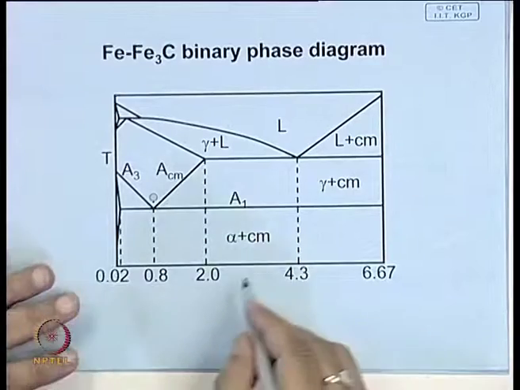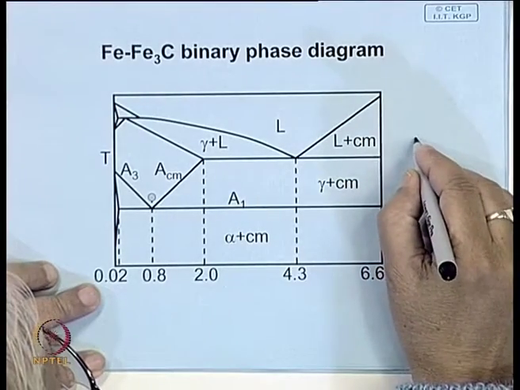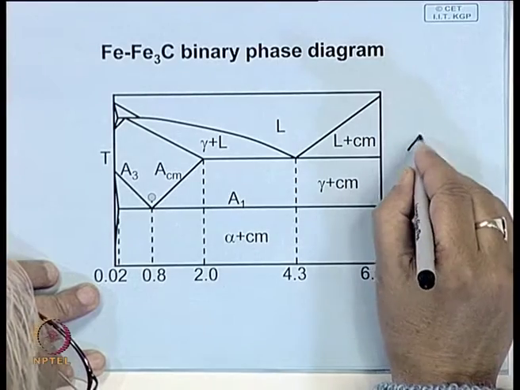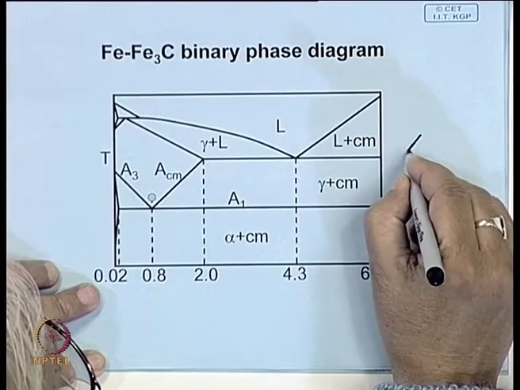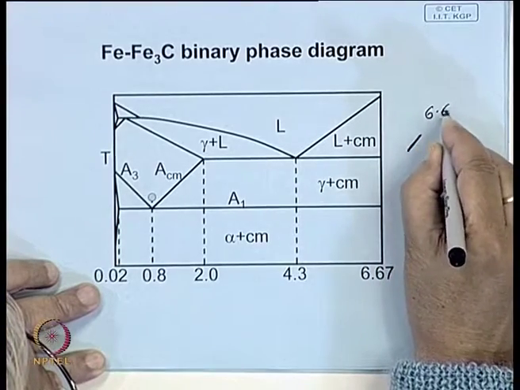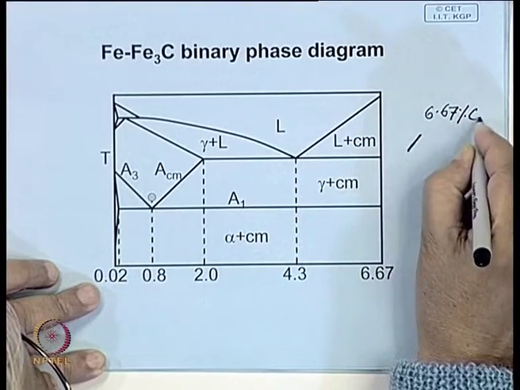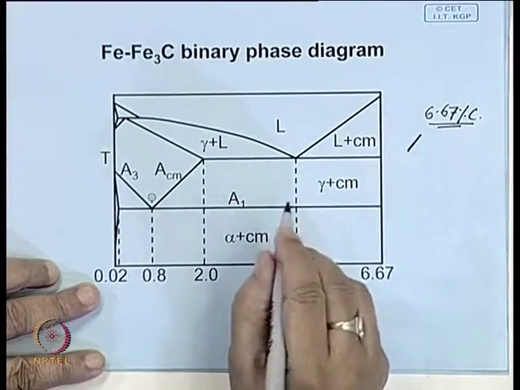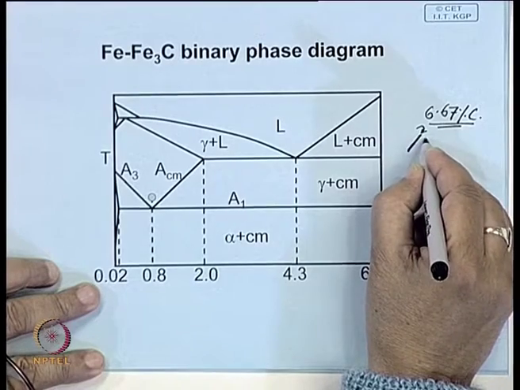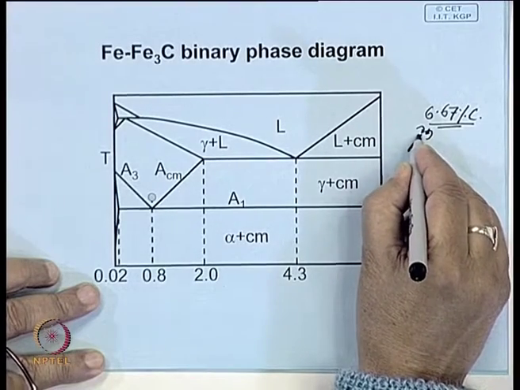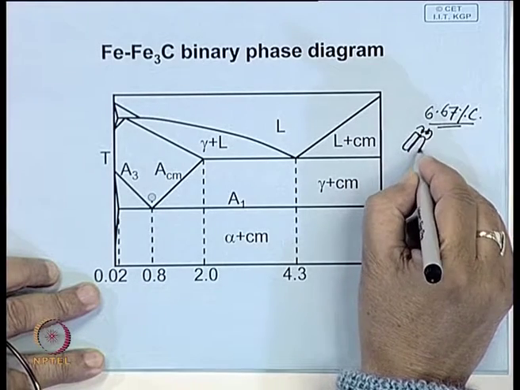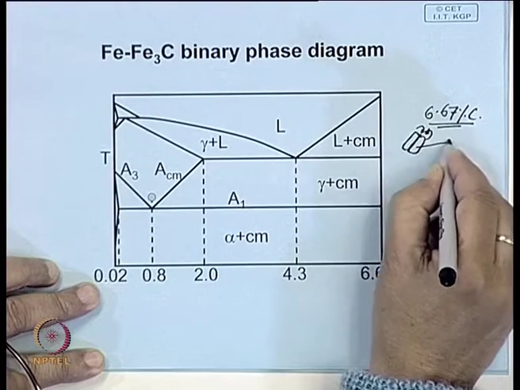And this perlite, we have seen that you have a plate of cementite nucleating, it takes up 6.67% carbon. And where does this carbon come from? It will come from the surrounding region. If it comes from the surrounding region, the nearby region gets depleted of carbon and it forms ferrite.